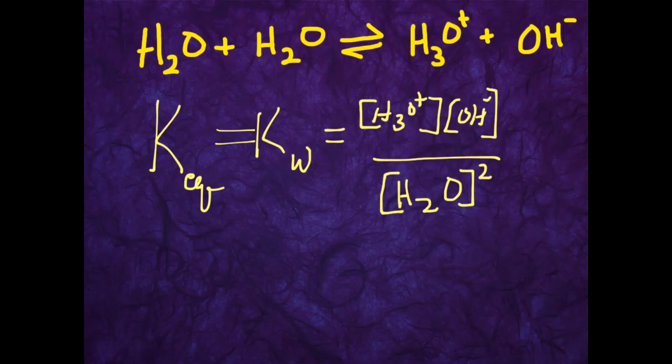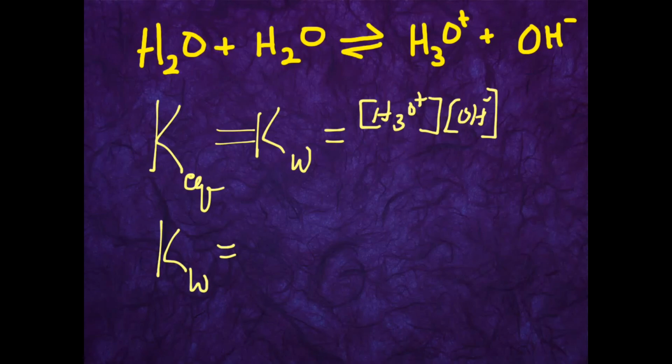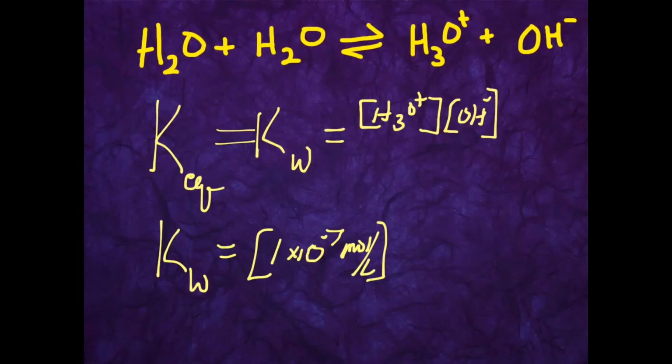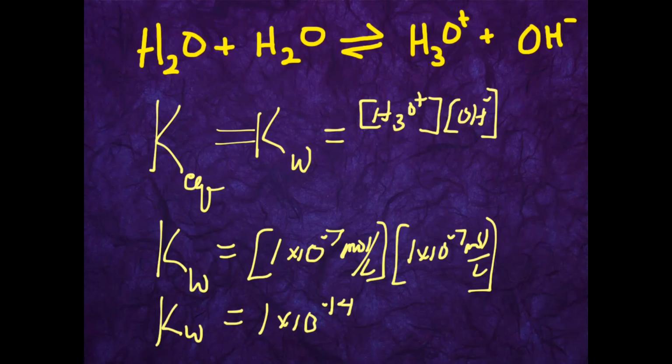And because water is a liquid, it doesn't count in our equation. And because it doesn't count in the equation, we then just have a new Kw of the concentration of our hydronium times the concentration of the hydroxide, and that produces a Kw of 1 times 10 to the negative 14th.